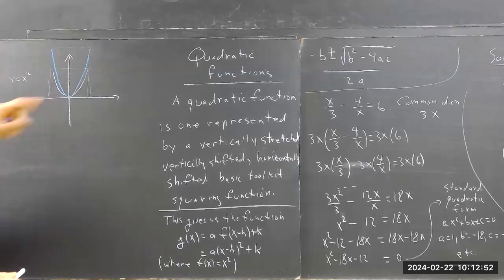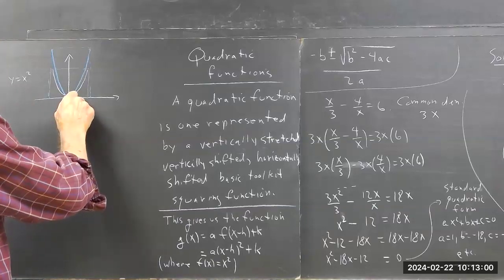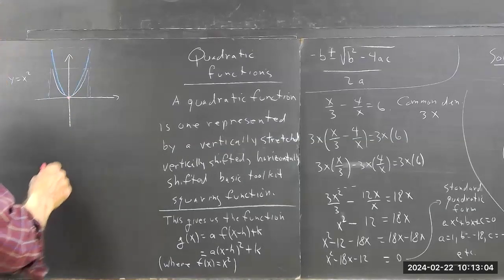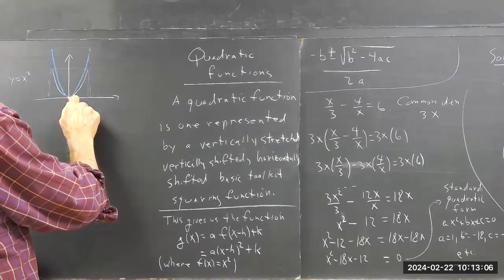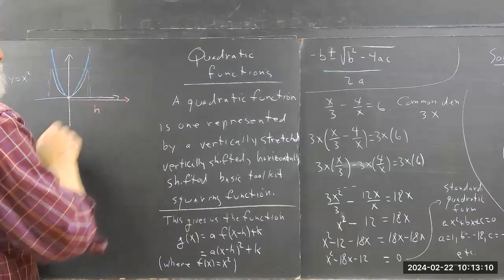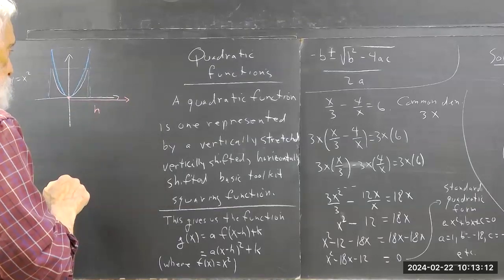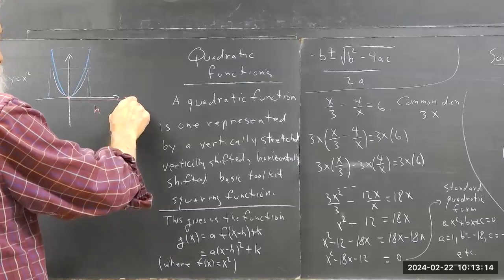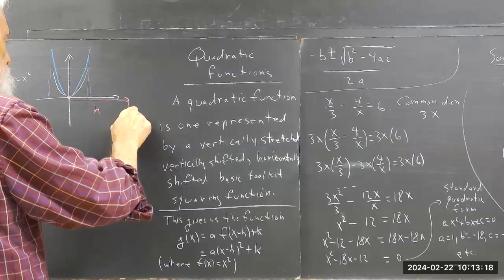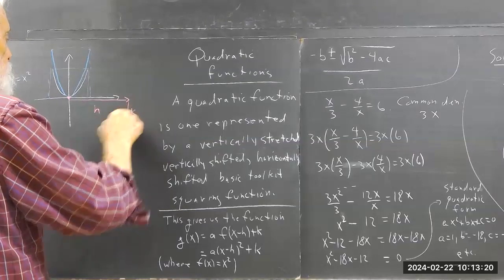So we take this graph, and then I just like to think of taking the vertex, and we move it h units horizontally, and k units vertically.